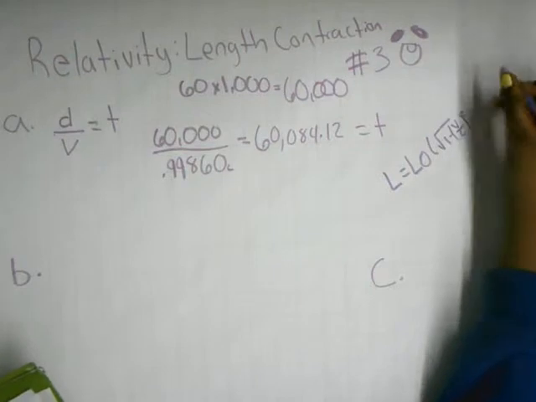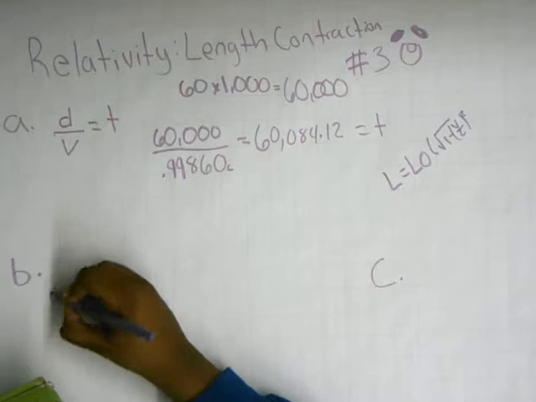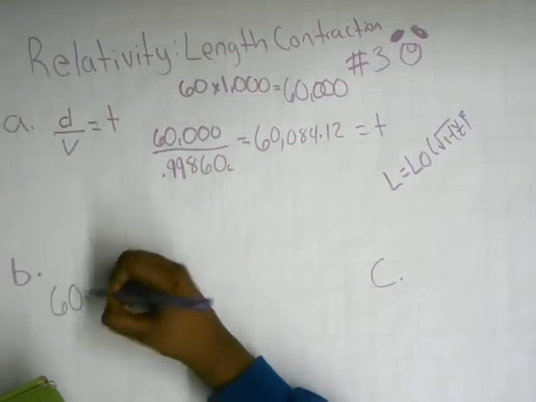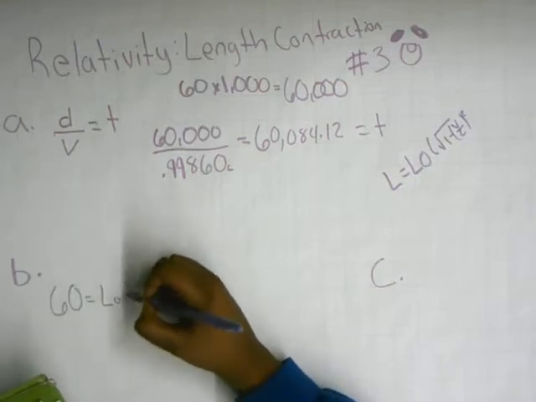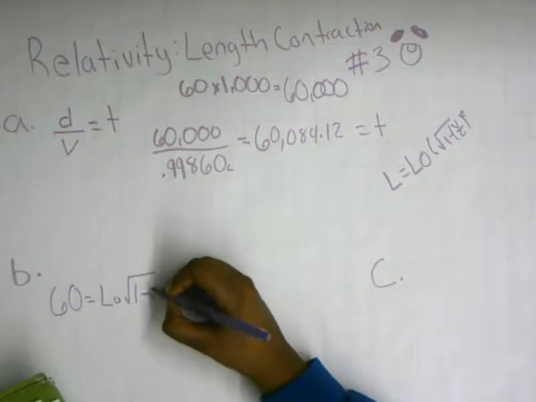So when we plug that in, it's 60 equals L0 times the square root of 1 minus (0.99860 c over c) squared.